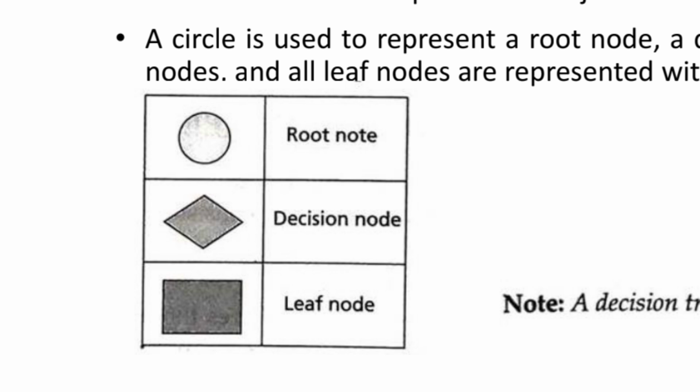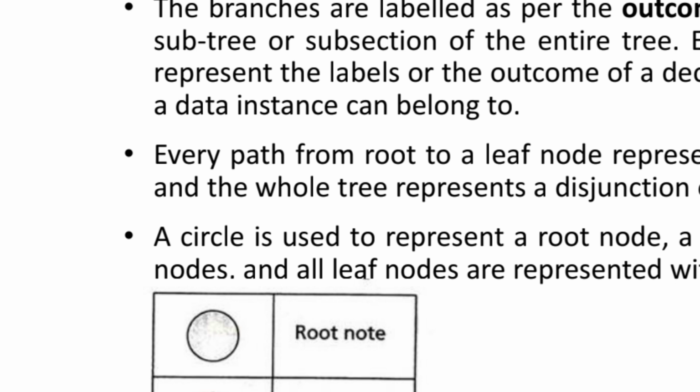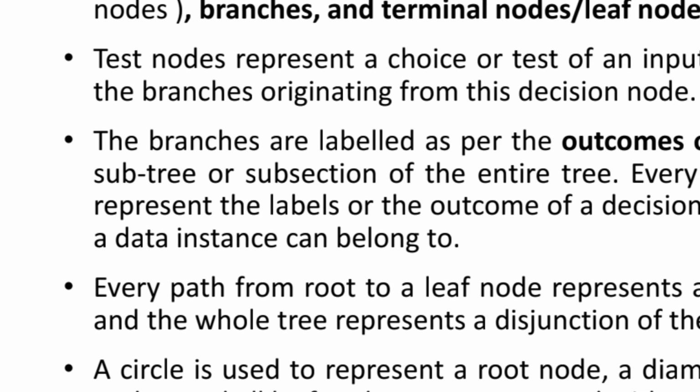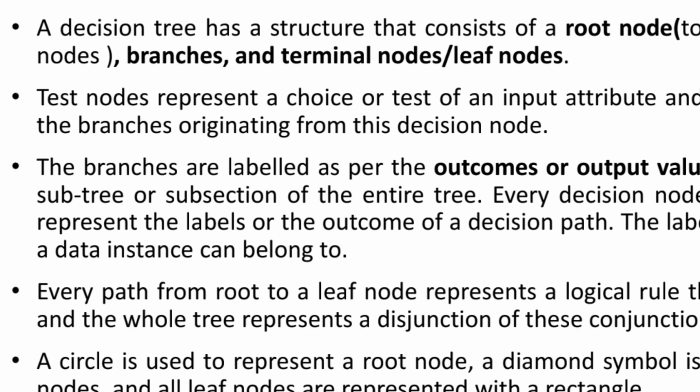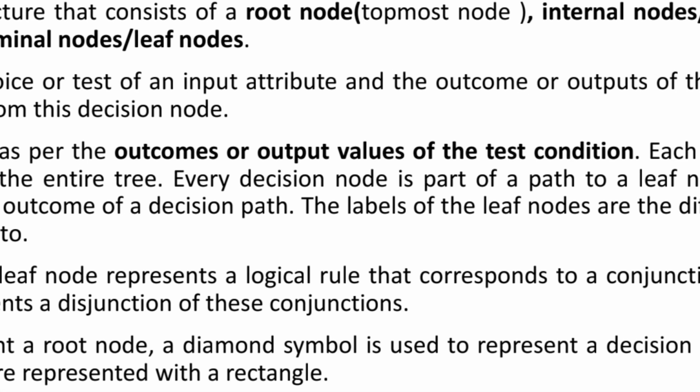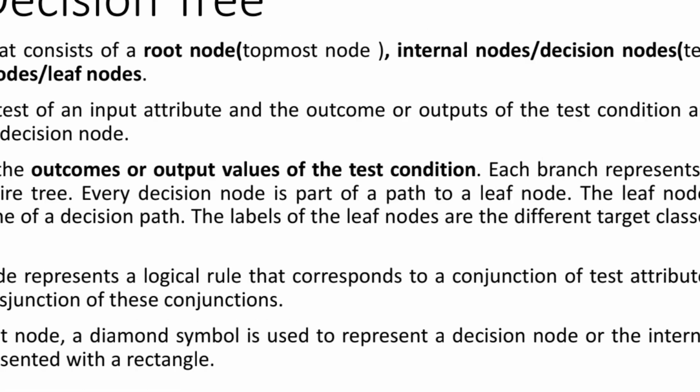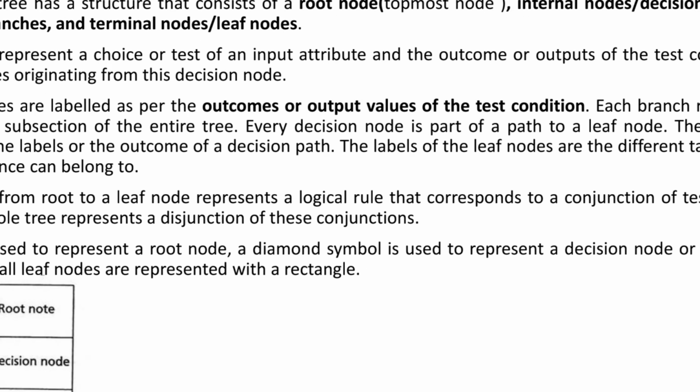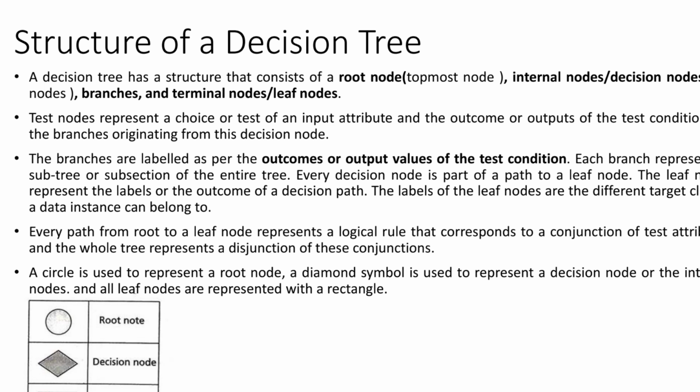The root node is usually indicated with a circle. These are all the symbols that are used to indicate the topmost node, the decision node, and the leaf node. A test node represents the choice or test of an input attribute, and the outcomes or outputs of the test condition are the branches originating from this decision node.